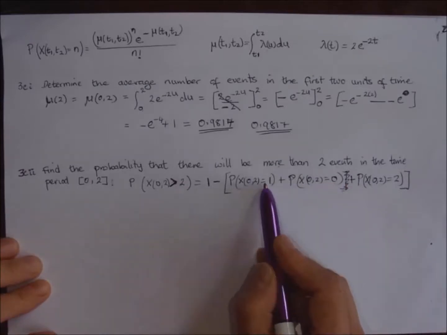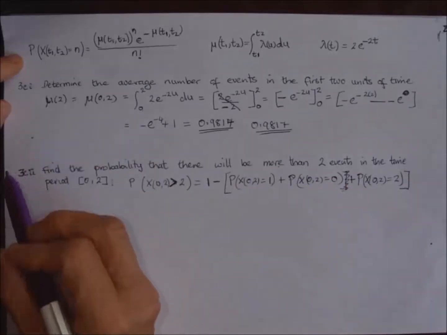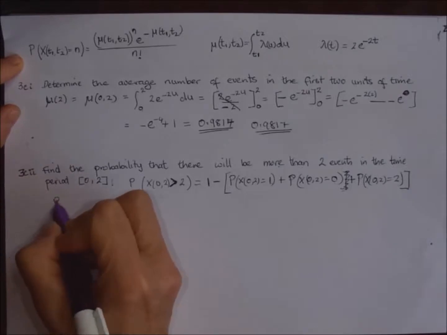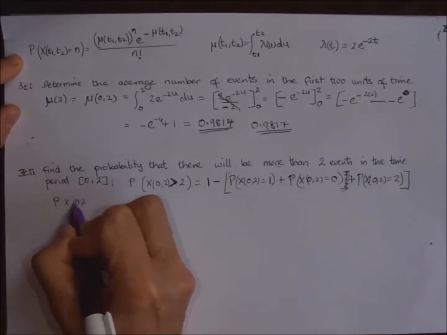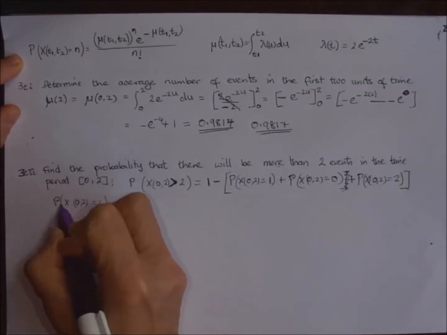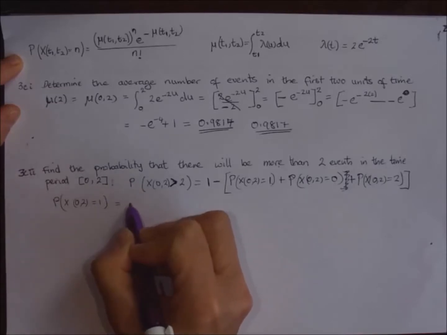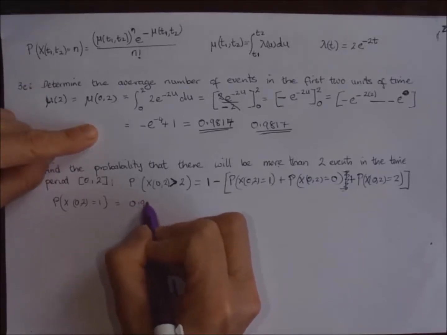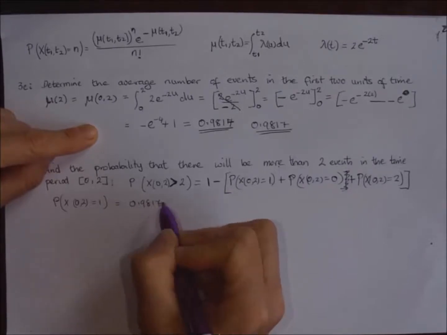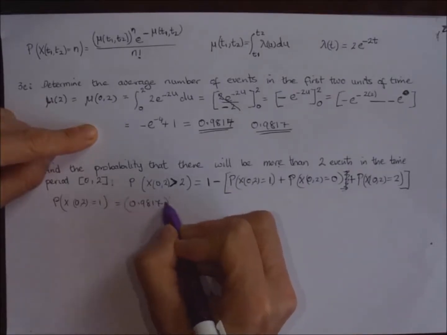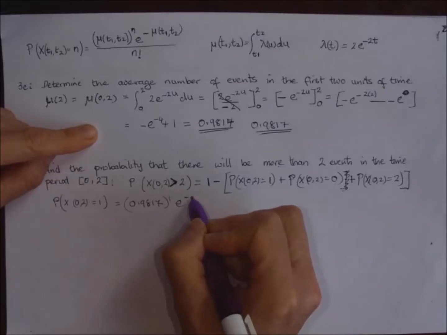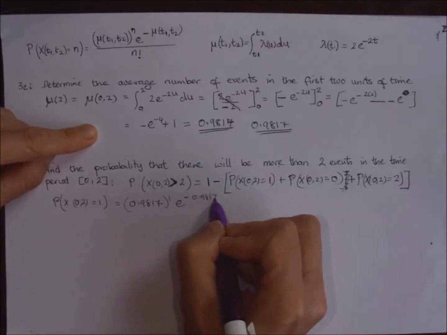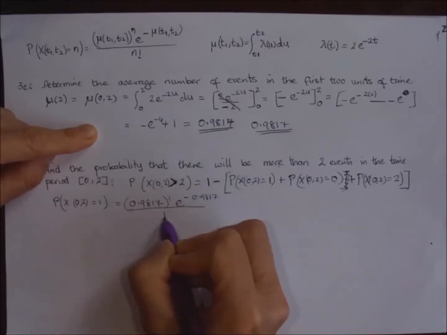Okay, so we have to put this here into the formula up here now. So the probability that x between 0 and 2 equals 1 is going to be mu, which is here, 0.9817 to the power of 1 e to the minus 0.9817 all over 1.